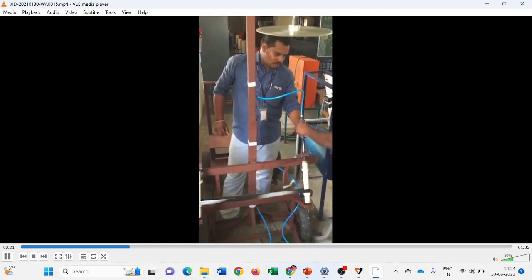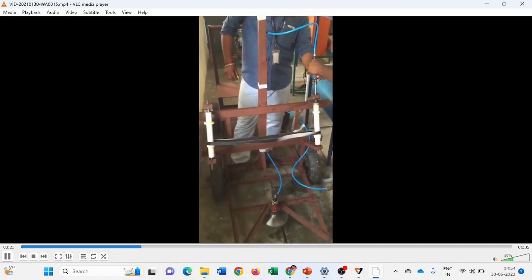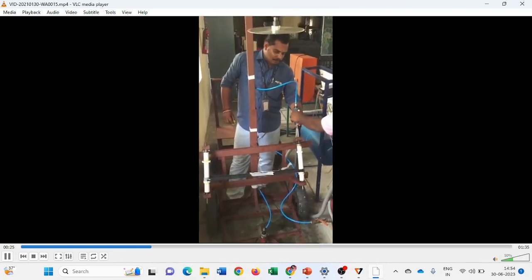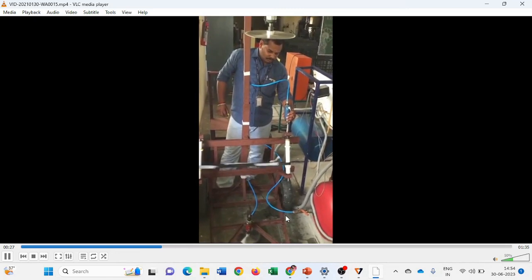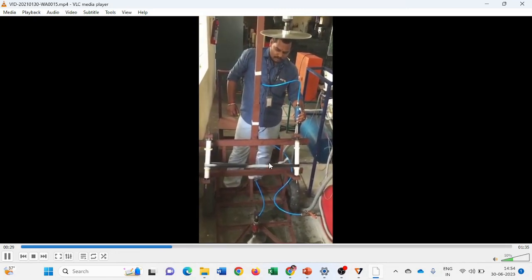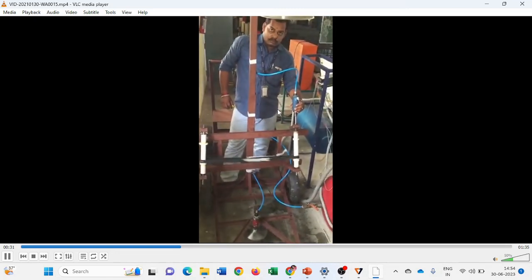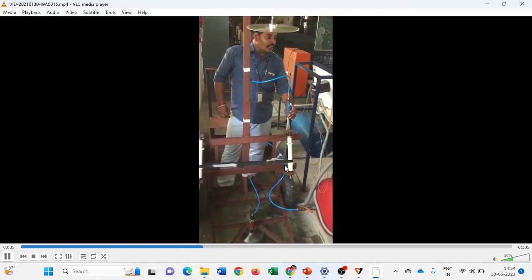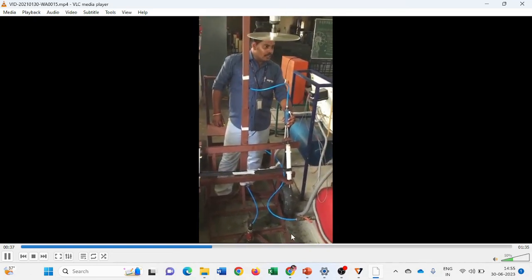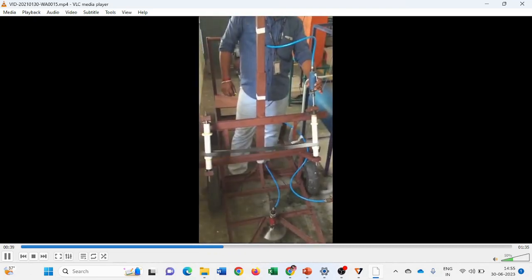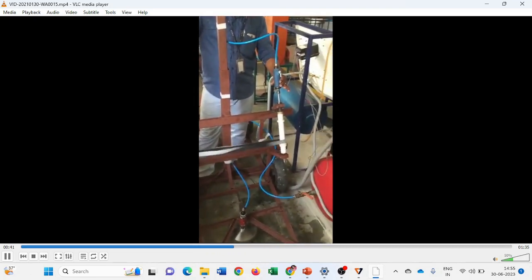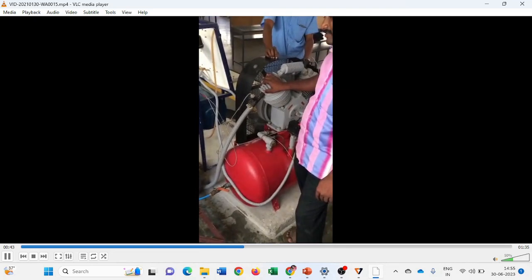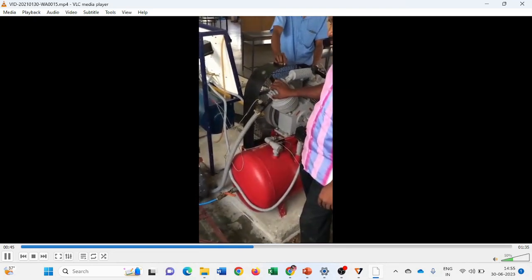Likewise, my students are developing projects. This is also one of the products. My students developed a startup with this identified product. Now they are getting funds from the Tamil Nadu government startup activities.